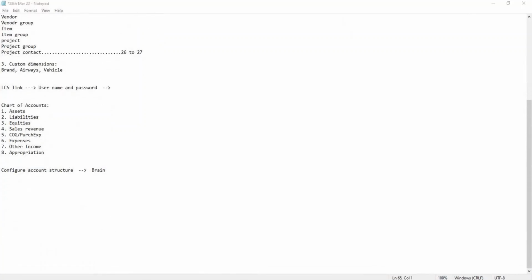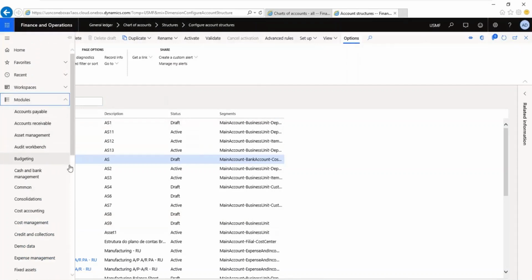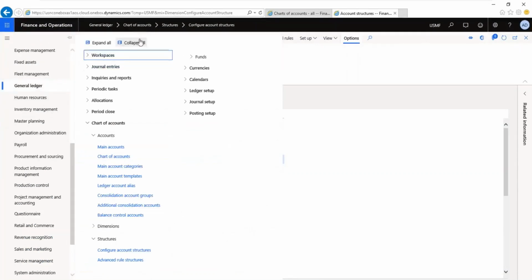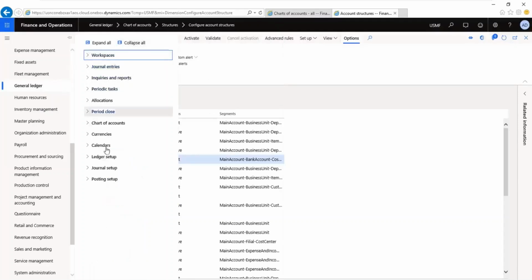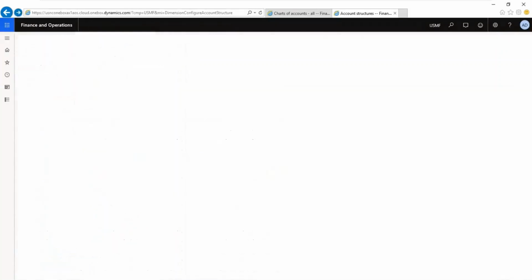So now, if I go to this company, USMF company, there are so many structures. To see which structures belong to this company, you can go to general ledger, collapse all, ledger setup, ledger.